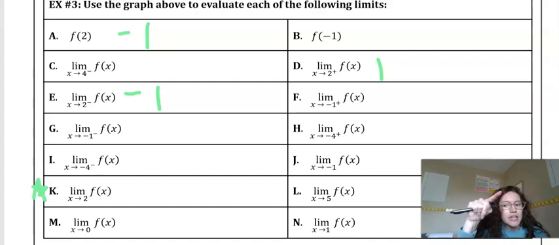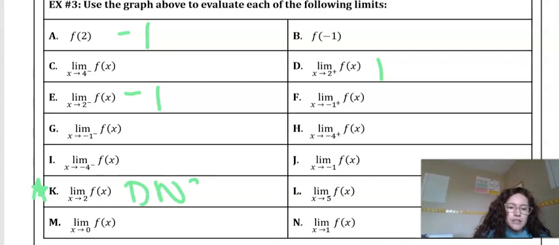I approach from the right, I get an answer. If those two answers do not match, then your answer is does not exist, okay? Left and right must match. That's very hard to read. I'm going to just erase that. We're going to write it out nicely later.